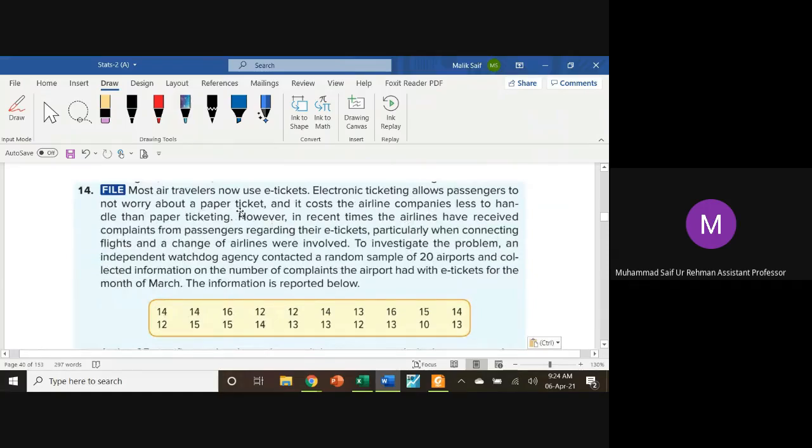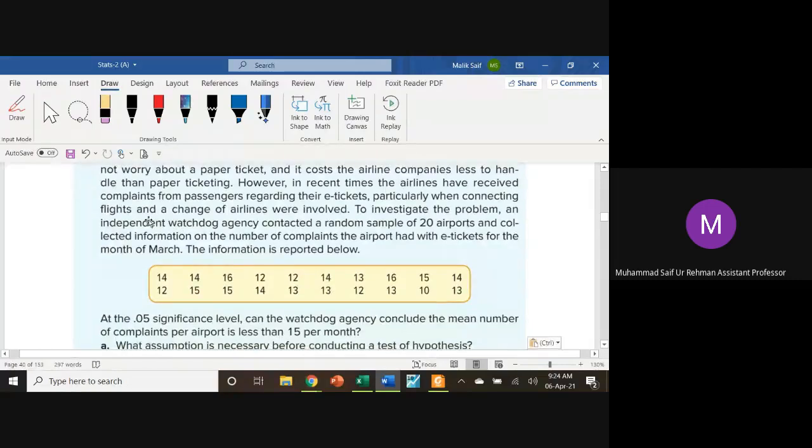Most air travelers now use e-tickets. Electronic ticketing allows passengers to not worry about a paper ticket, and it costs the airline companies less to handle than paper ticketing. It is common sense. However, in recent times, the airlines have received complaints from passengers regarding their e-tickets, particularly when connecting flights and a change of airlines were involved.